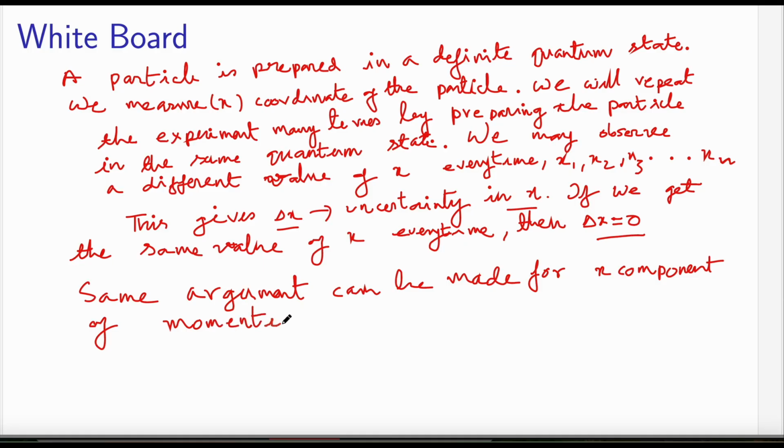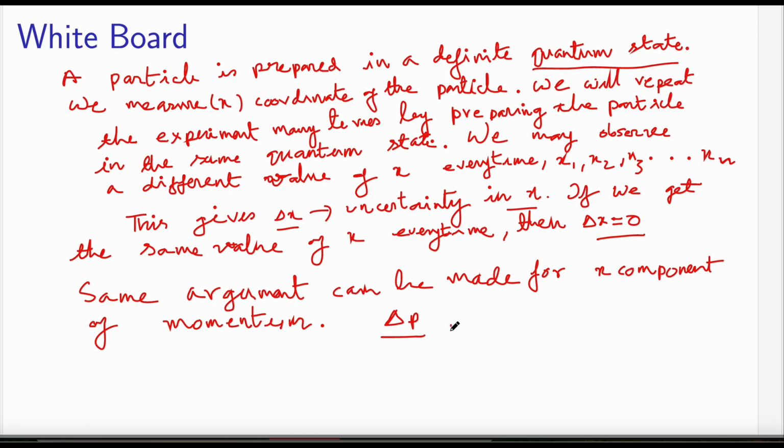That is, we prepare the particle in the same quantum state, and now we are measuring the momentum. We do the experiment many times, and from there we can get delta p. Every time the value of momentum can be different, so this gives us delta p.